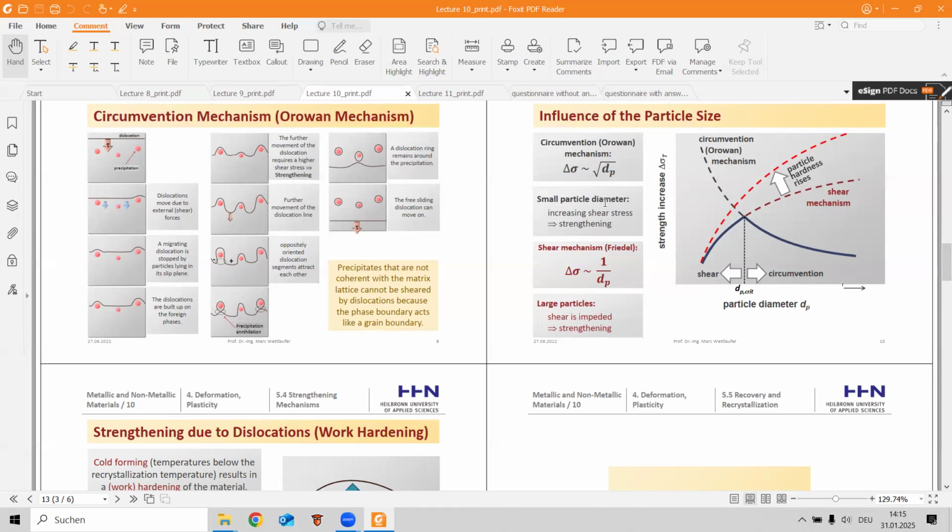So we have the circumvention mechanism curve, the shear mechanism curve, and the particle hardening curve.